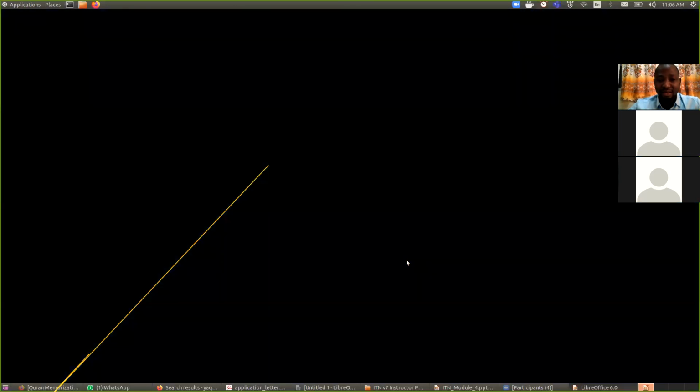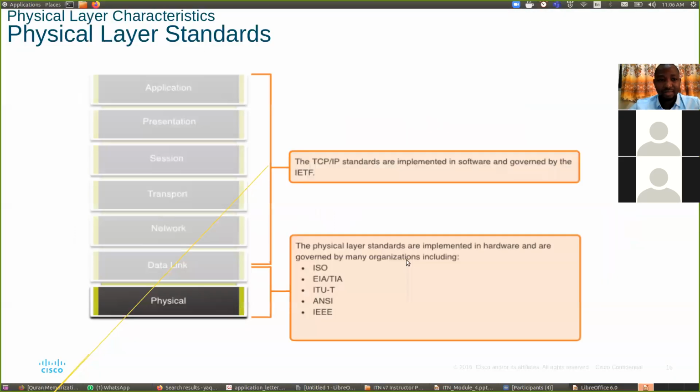Physical layer characteristics. Guys, this is the OSI model. You can see here, physical layer, data link layer, network layer, transport layer, session layer, presentation layer, and application layer. This is the complete model.